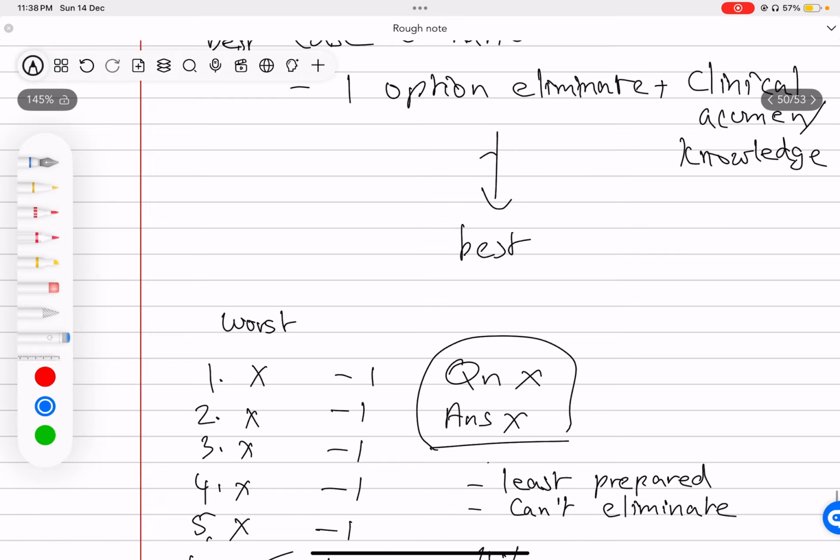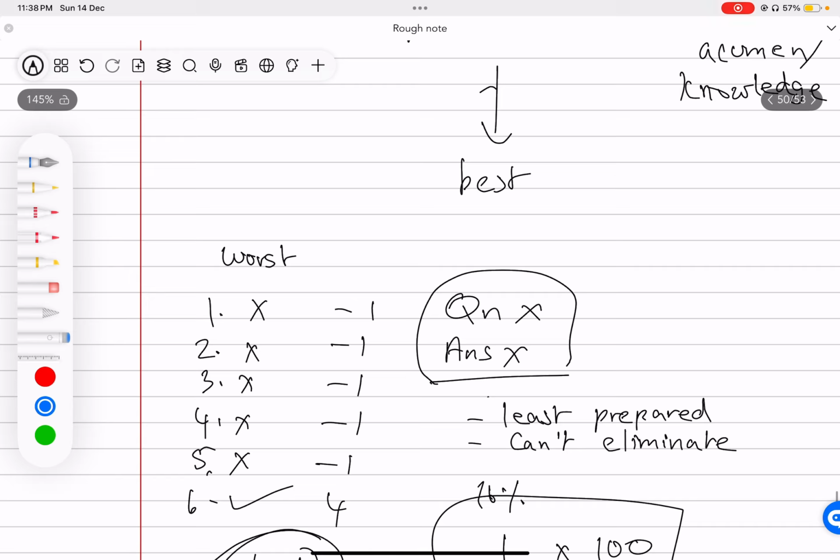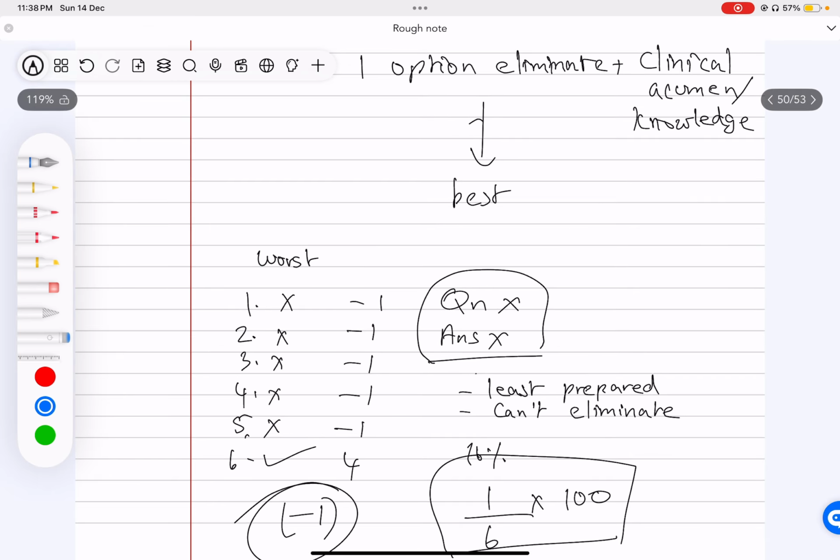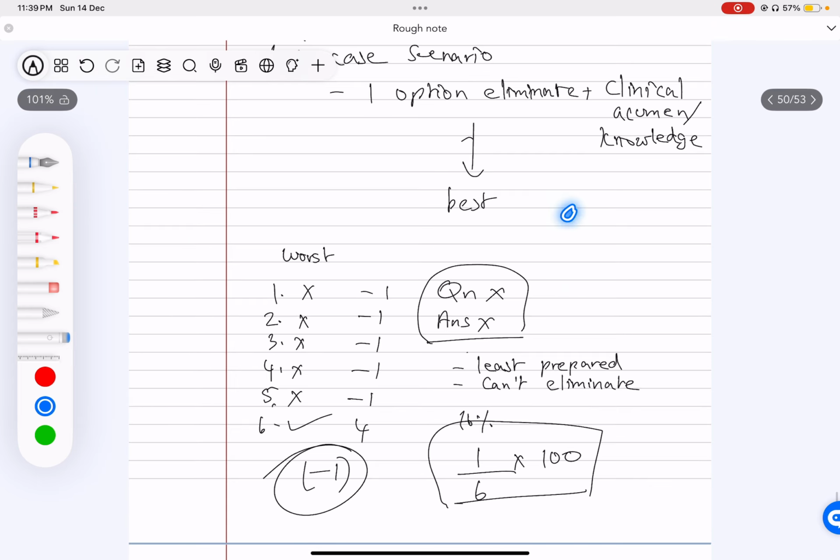Now let's talk about the worst case scenario. You don't know the question. You didn't study well. You don't know the answer. You don't know anything. You can't even eliminate. You have no idea, so you'll select randomly, like A, B, C, D. The odds of you continuously getting it right is not possible.